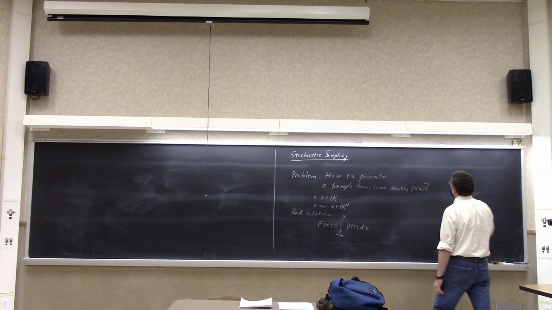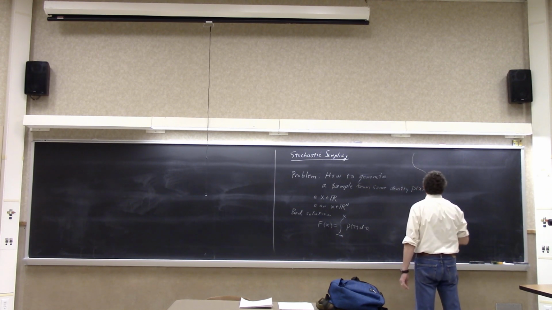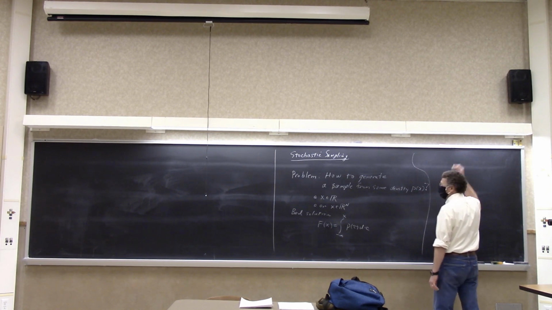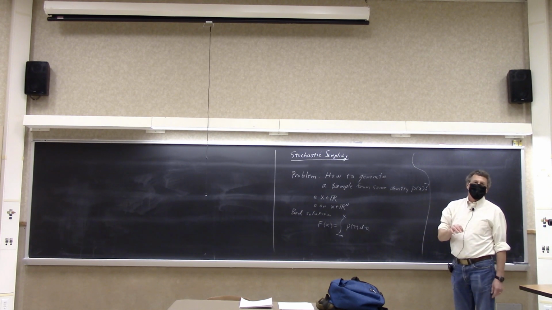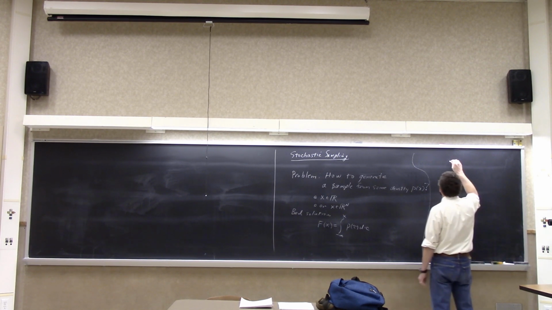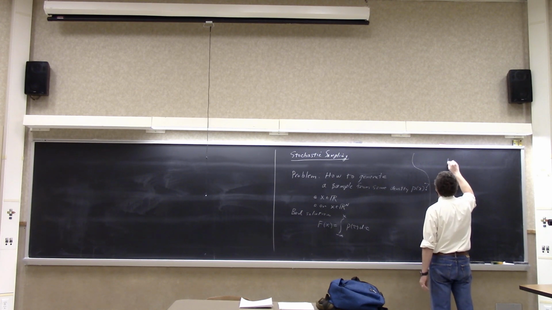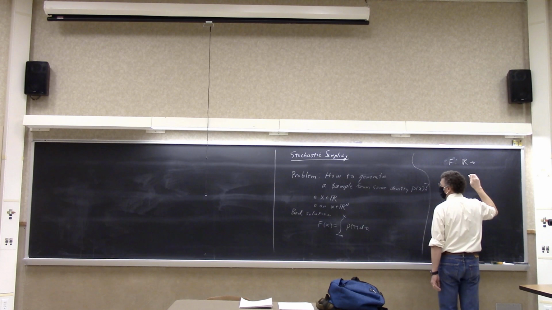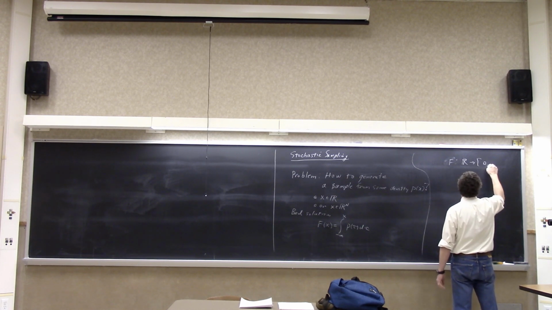And then what you do is this. Now this isn't exactly right, but it's close enough. You'll know what I mean. You compute F inverse, where F is a mapping from R to the interval 0, 1.